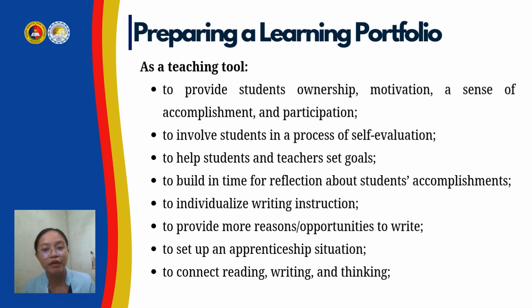The individualized writing instruction provides more opportunities to write because students are already motivated to do more. To set up an apprenticeship situation, because in this way, students are applying real world situations that they can actually apply for future endeavors. And last, to connect reading, writing, and thinking.